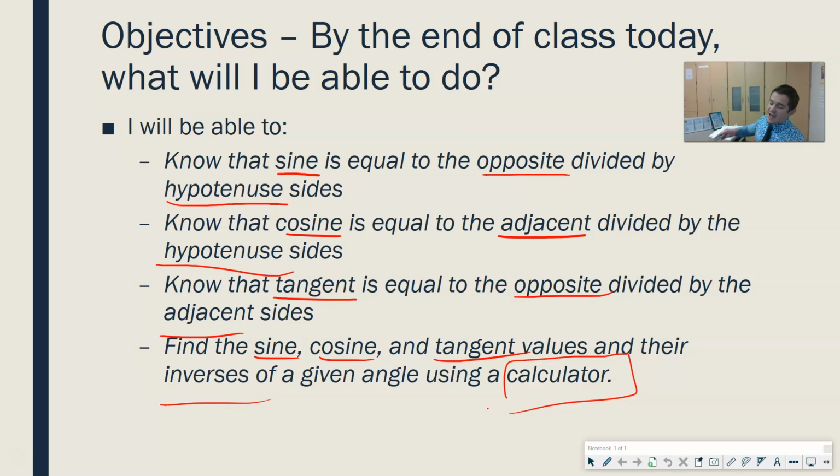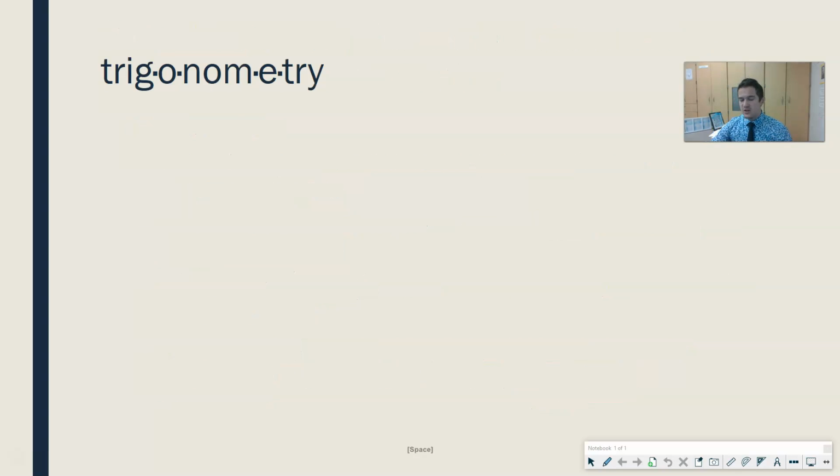All of that terminology should be pretty new. You probably haven't heard it before. That's okay, that's why we're talking about it now. As we're getting into trigonometry, this is something you haven't really been exposed to. You've talked a lot about algebra and geometry in your past math classes.